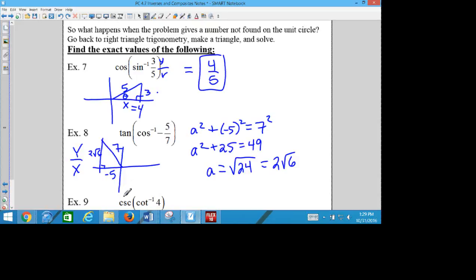And so the tangent of this triangle is going to be y over x. So I'm going to have negative 2 radical 6 over 5. Why did I not write it over negative 5? Who can tell me why it's not over negative 5? Don't leave a negative in the bottom, right. So I just move it out front.